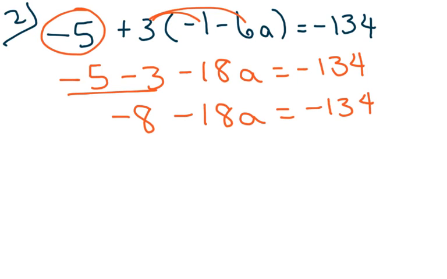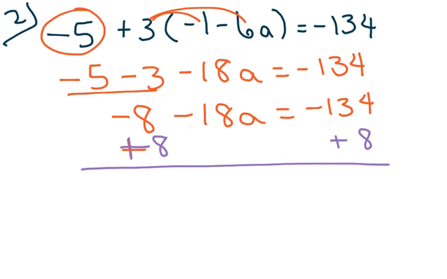I'm going to add 8 to both sides. This cancels, so you get negative 18a equals negative 126.